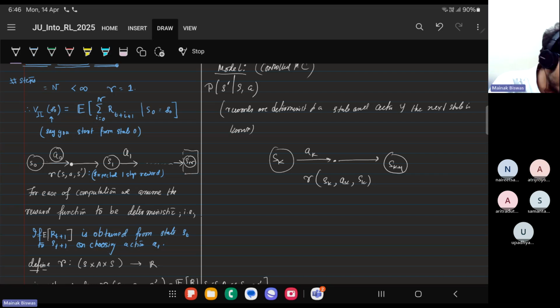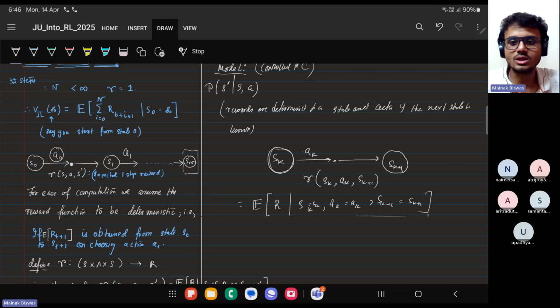Yes. Okay. Because I am at a state S, I took an action and I got to state S plus one, as normally in an environment we keep doing. Remember that in our previous classes, we have already defined this function as the expected reward R, given S_k equal to small s_k, A_k equal to small a_k, and S_{k+1} equal to small s_{k+1}.